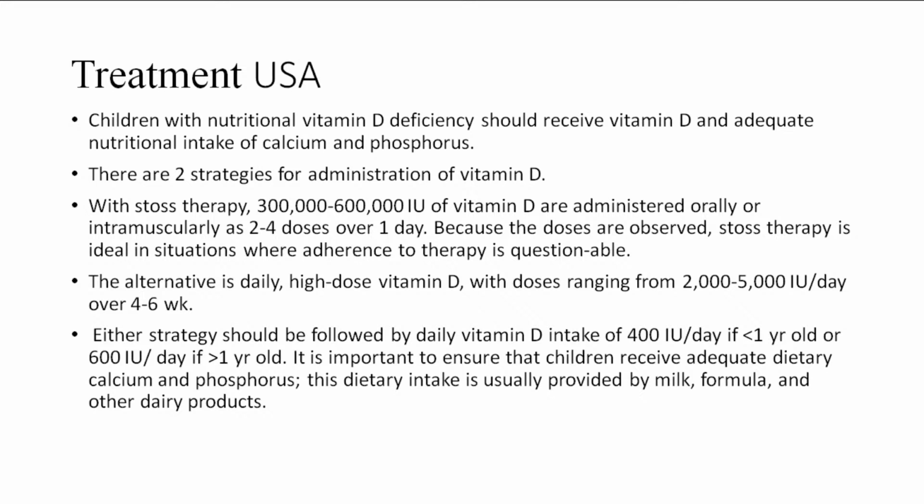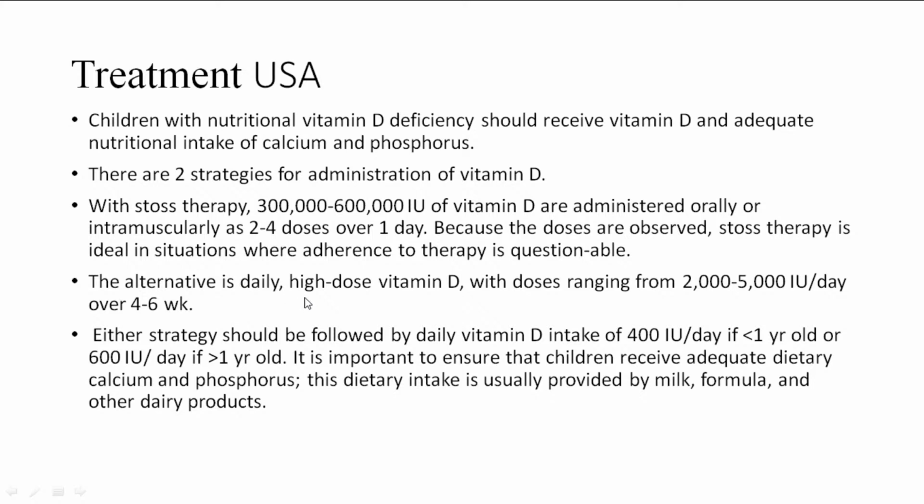As for the United States recommendation, children with nutritional vitamin D deficiency should receive vitamin D with adequate additional intake of calcium and phosphorus. There are 2 strategies for administration of vitamin D. One is a huge dose of vitamin D, stoss therapy, intramuscularly in 2-4 doses over 1 day, or in one moment.